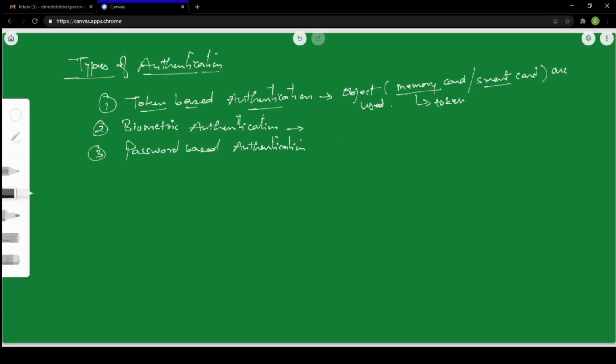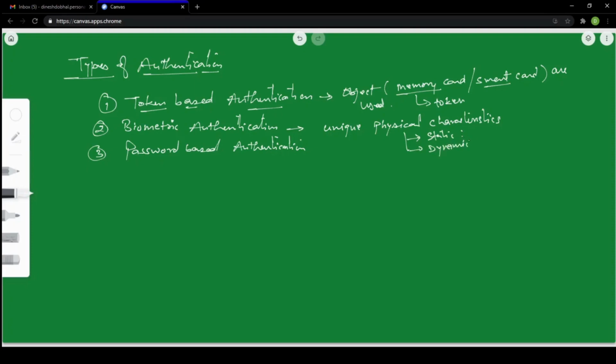In biometric authentication, the user's identity is authenticated based on his or her unique physical characteristics. These physical characteristics, as we discussed in the previous slide, could be static or dynamic.